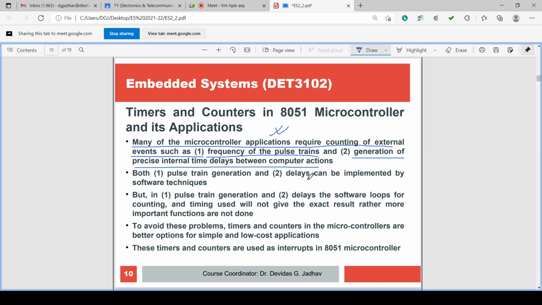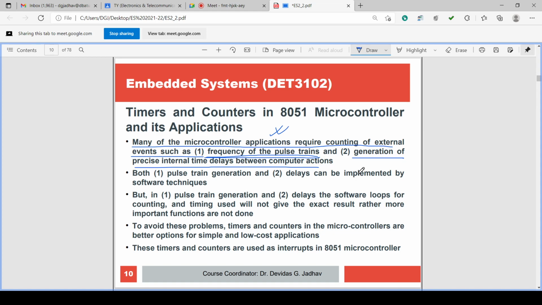For the frequency of pulse trains, there are a number of pulses coming from sensors: one pulse, second pulse, third pulse, fourth pulse. This frequency can be found out or measured, and in that case counting is required. How many pulses have elapsed? So a counter is there, counting is there.